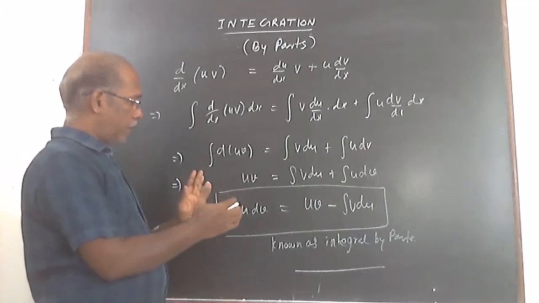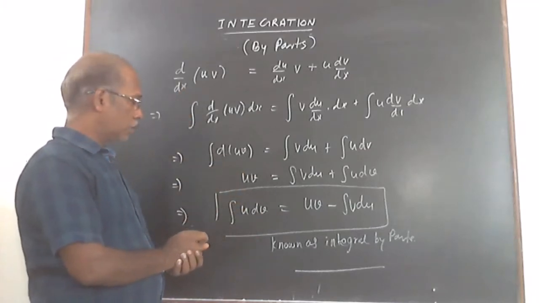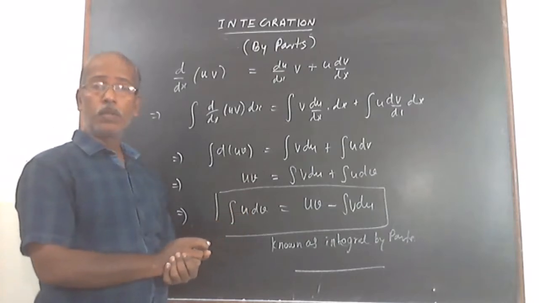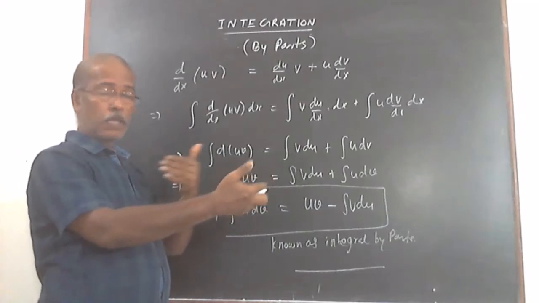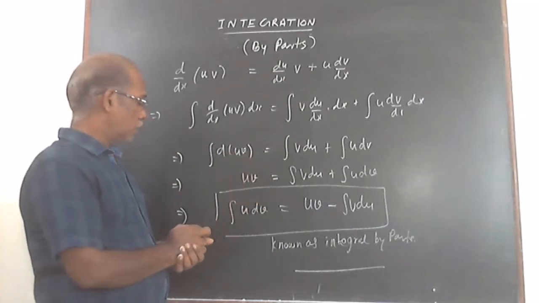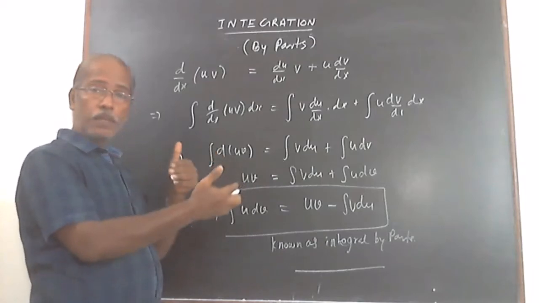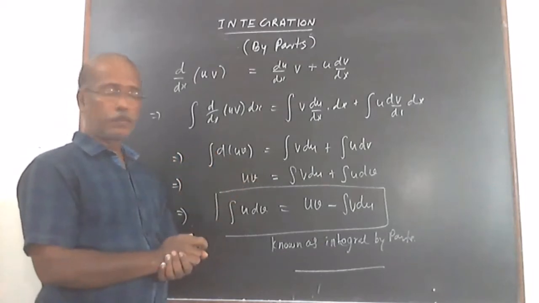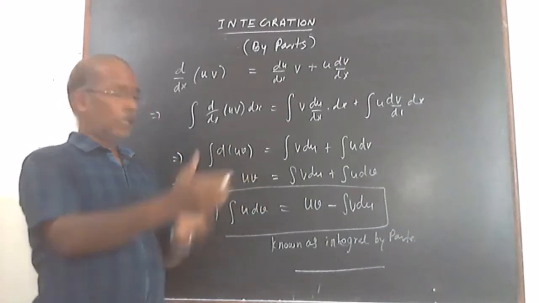And how do we identify whether the integrand is suitable for this method? The integrand should have two different real functions: trigonometric and exponential, algebraic and exponential, algebraic and trigonometric, or algebraic and logarithmic.